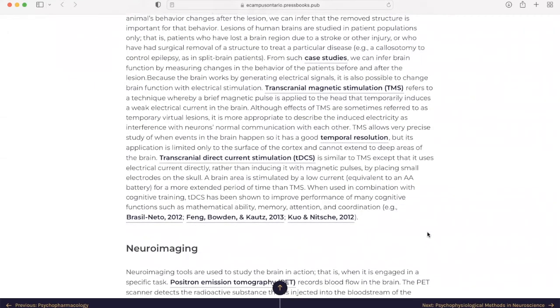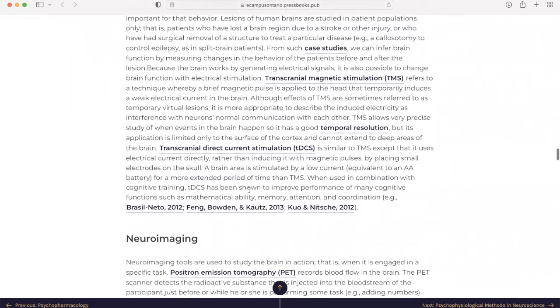Then there's transcranial direct current stimulation, tDCS, similar to TMS, except it uses electrical current directly rather than inducing it with magnetic pulses, by placing a small electrode on the skull. A brain area is stimulated by a low current for a more extended period of time than TMS.